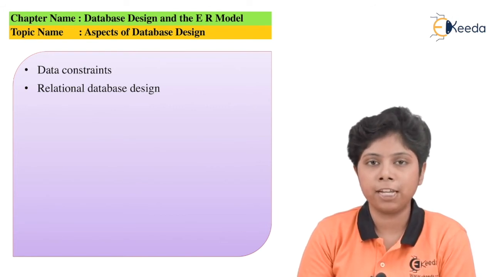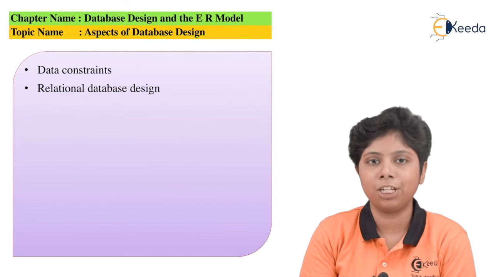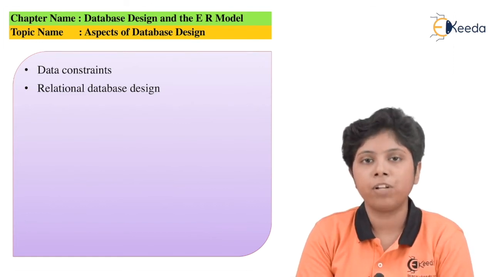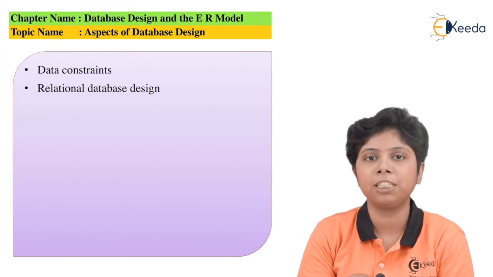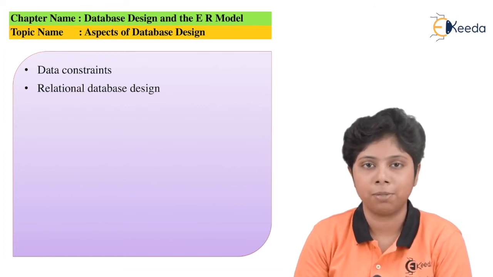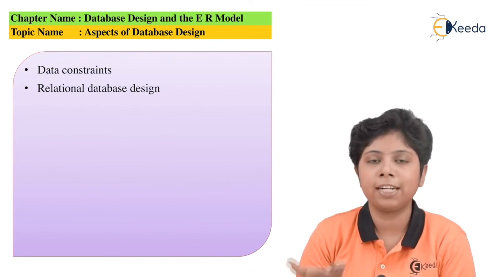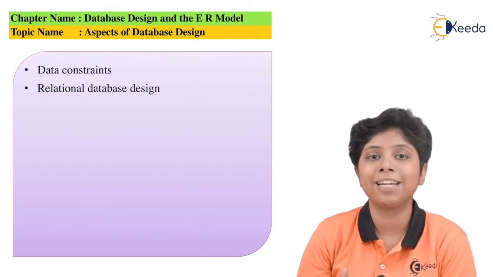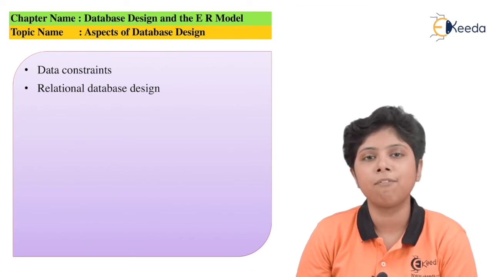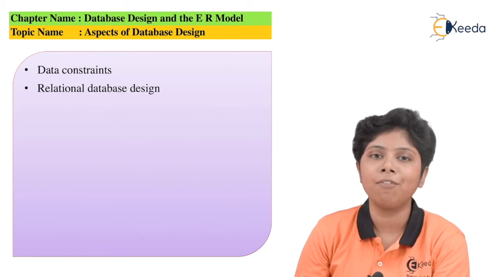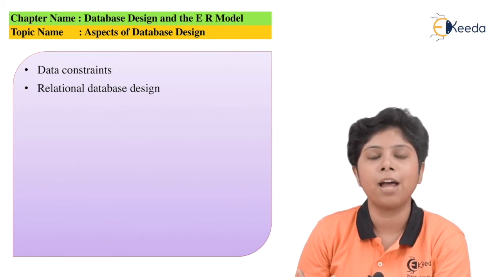Also, if we settle the data constraint and the relational schema at the designing process, then it will not affect the fundamental basic requirements of the database. When the database evolves, the data requirements may change, but there should be some fundamental rules defined by the enterprise and kept as a norm for the database in the enterprise.